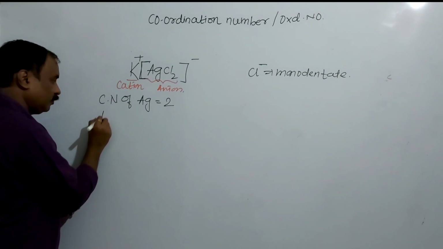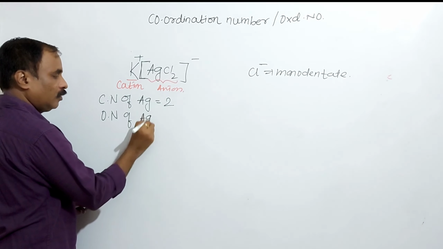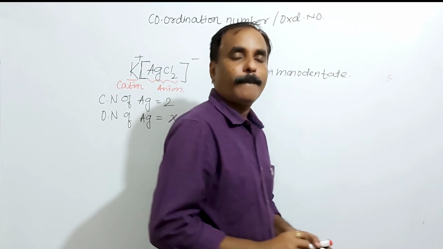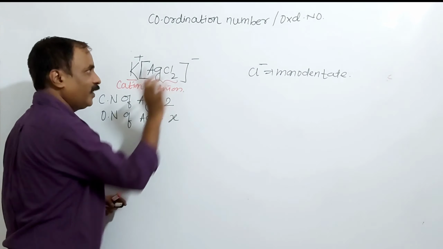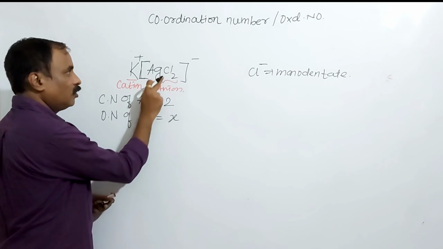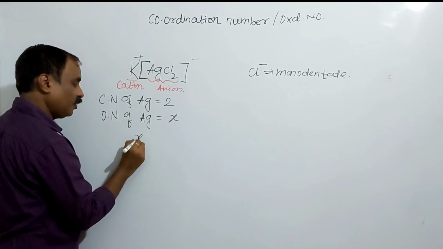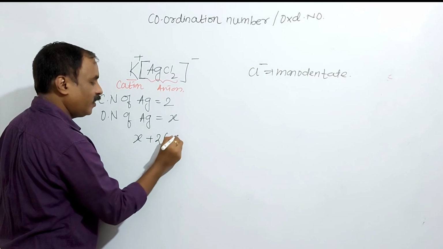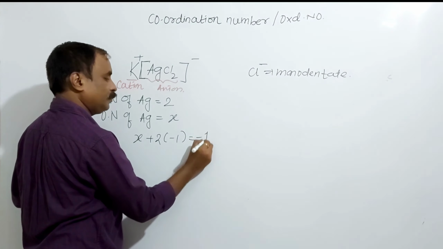Oxidation number of silver. Consider X. Now, the charge on the square bracket is -1. Cl carries -1. So X plus how many? 2 into -1 equals -1.